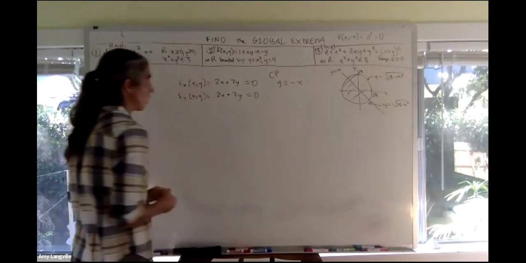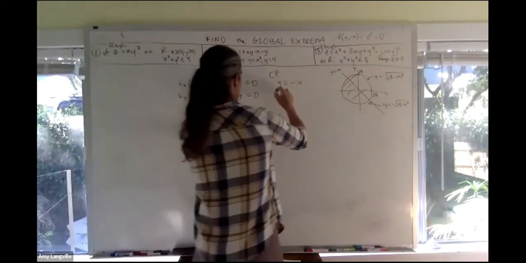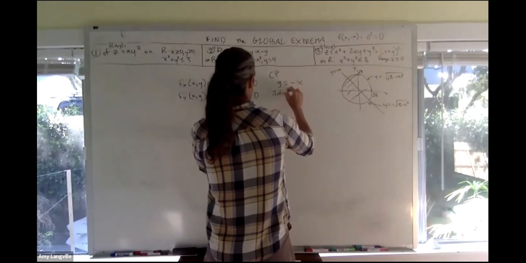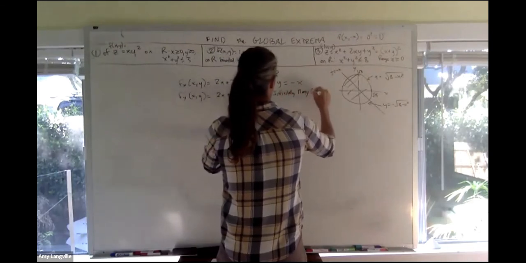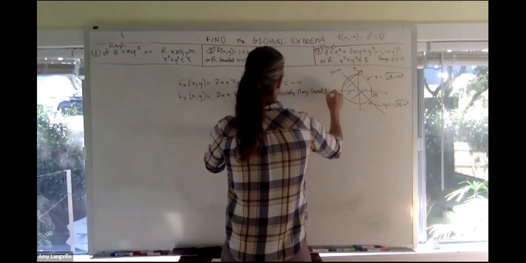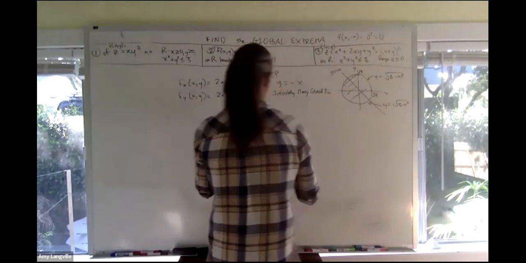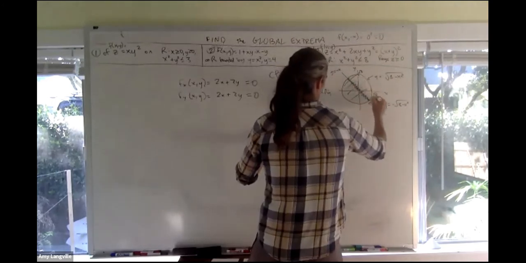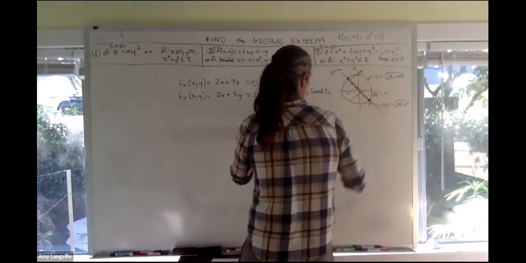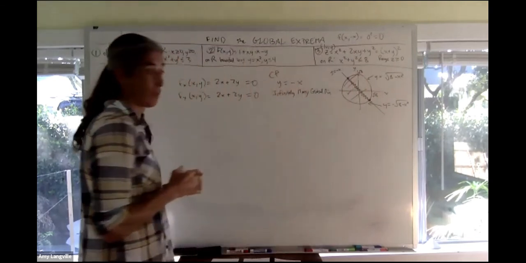So CPs, we already found that this is going to be infinitely many min. And they were local min. We're going to see over this region that they're also global min, because anywhere along here, including those points there, has a z-value of 0, and those are your mins.